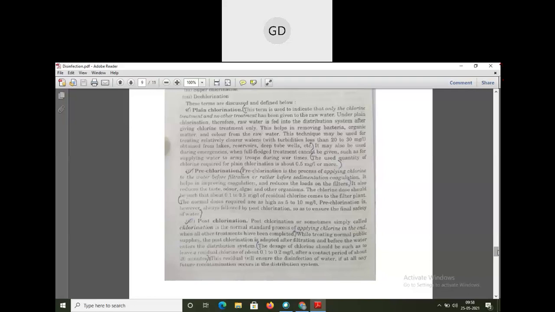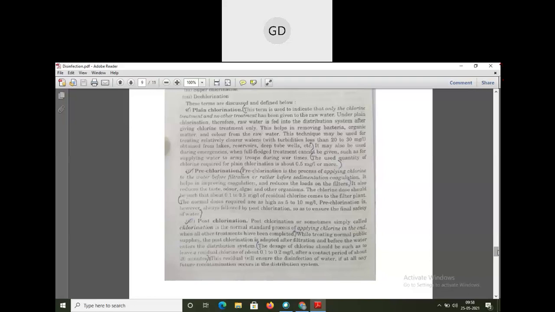They don't have to do so much work on the water. And what is the chlorine dose? That is the normal chlorine dose, your 5 to 10 milligram per liter.